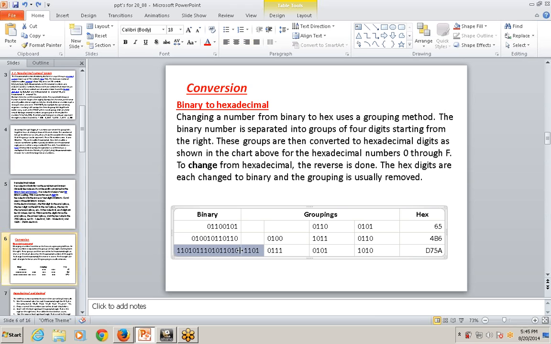This value is 13, then 7, then 5, and then 10. So this is 13, 7, 5, 10, that is D, 7, 5, A. Because I will represent 13 as D, 11 as B, and 10 as A.